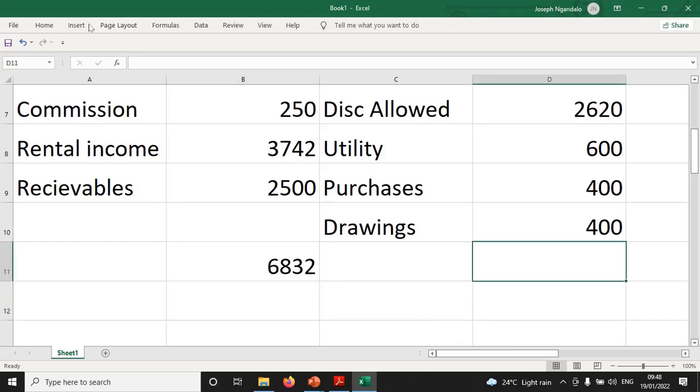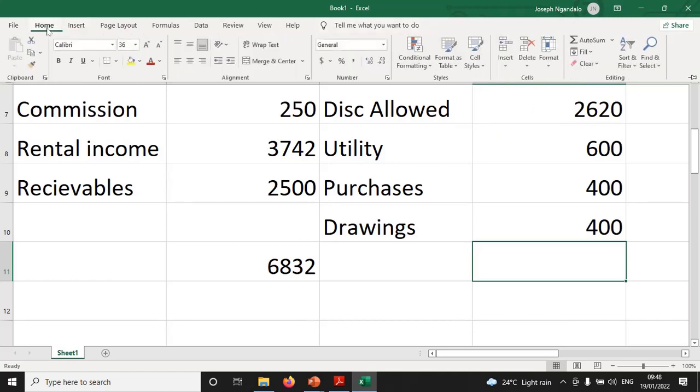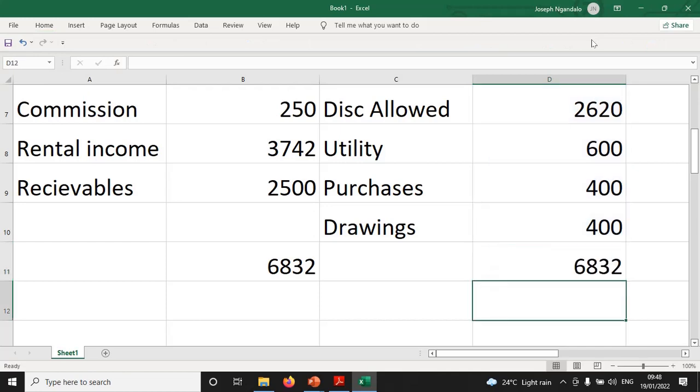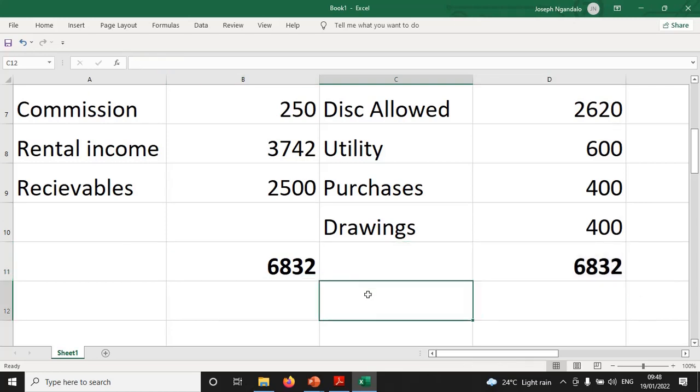What about on the other side? How much are you finding? Correct. It's the same? 6832. So you have cleared the suspense and you're good to go. All right?